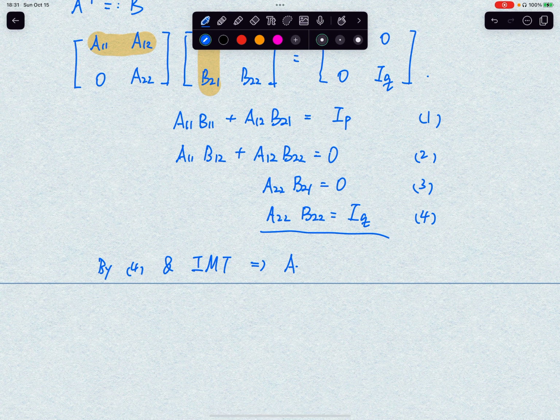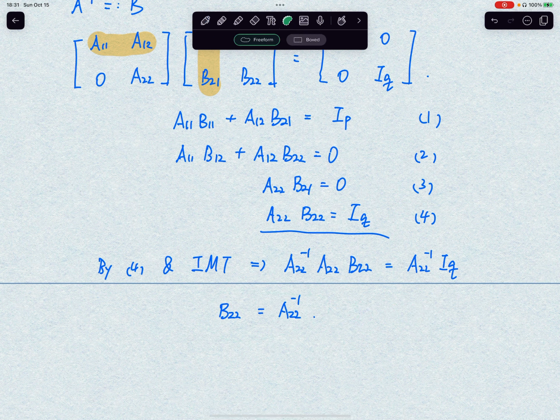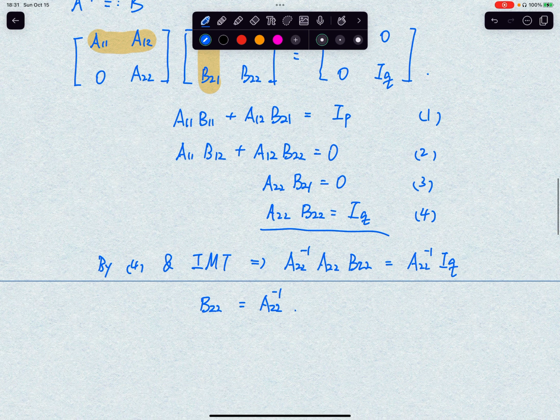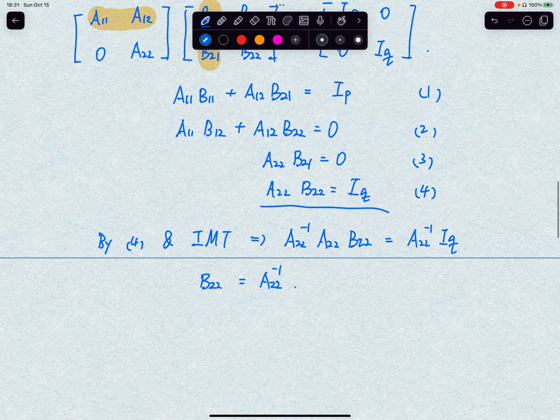So let us do it step by step. We left multiply by A22 inverse on both sides of equation 4. This gives us this equation, so B22 equals A22 inverse. So we have a representation for B22. Now let us move to equation 3.